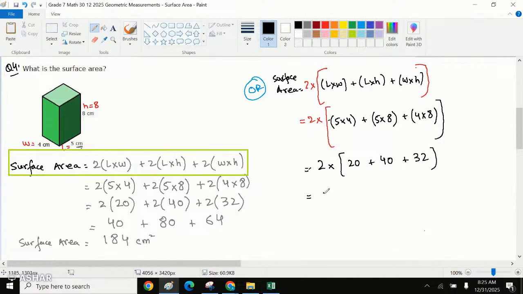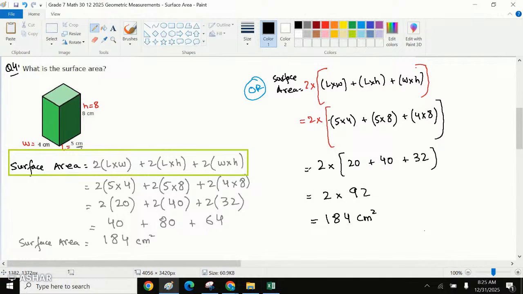When we add them together, 20 plus 40 is 60, 60 plus 32 is 92. So 2 multiplied by 92 gives 184 centimeters squared, right? They are exactly the same thing.